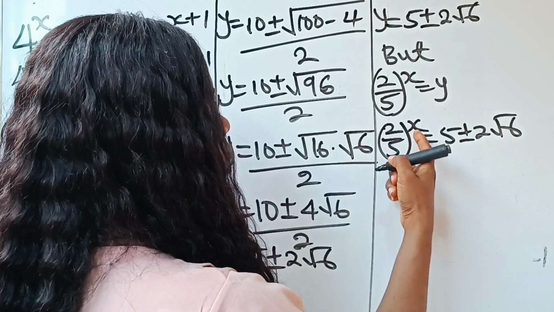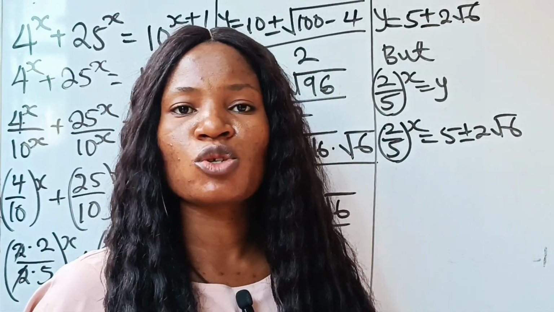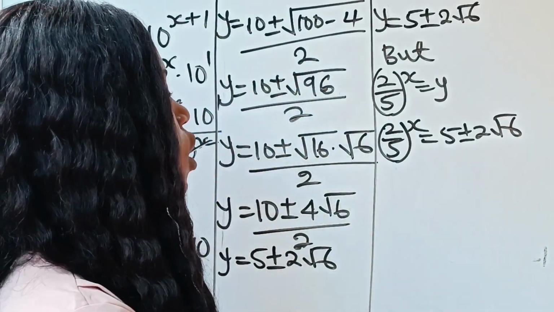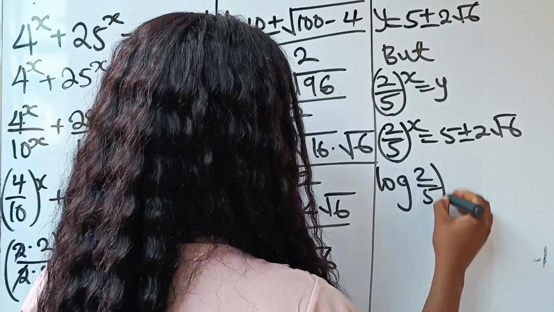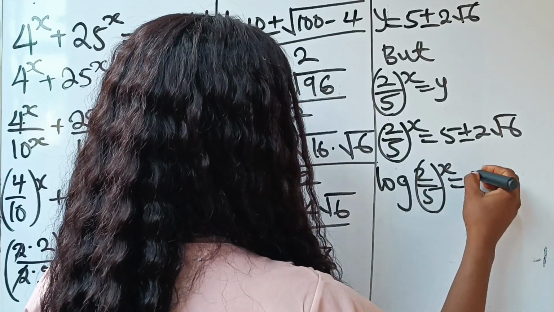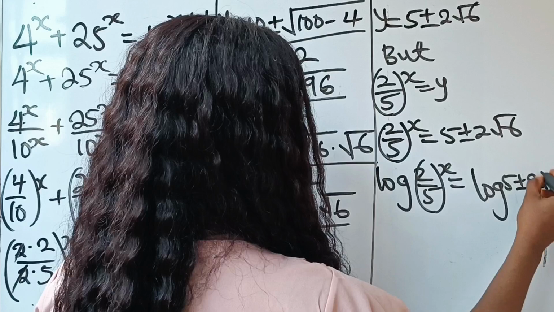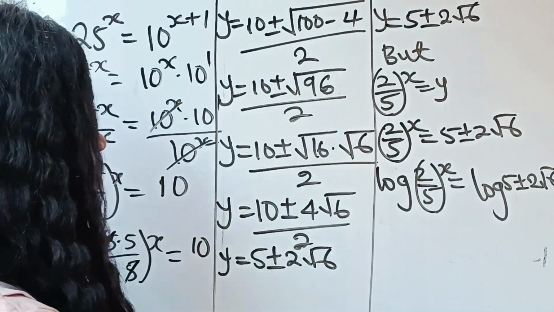All right, now once you have a variable as power, the only option you have is to introduce your logarithm. That is the only way you can get your x. So we are going to introduce log to both sides of this equation. That's exactly what I did.